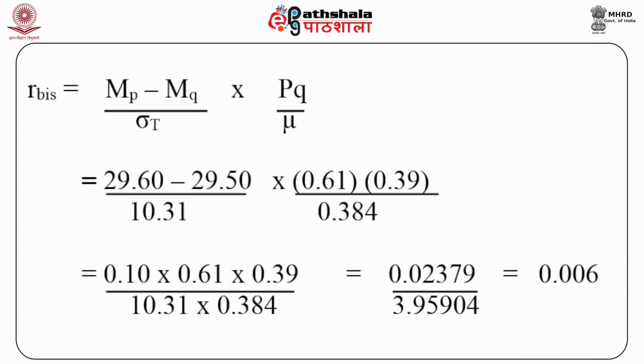Substituting values, we get 29.60 minus 29.50 divided by 10.31 multiplied by 0.61 into 0.39 divided by 0.384, which is equal to 0.10 multiplied by 0.61 multiplied by 0.39 divided by 10.31 multiplied by 0.384, which is equal to 0.02379 divided by 3.95904, which is equal to 0.006. Thus, the item to total correlation for this item is 0.006.